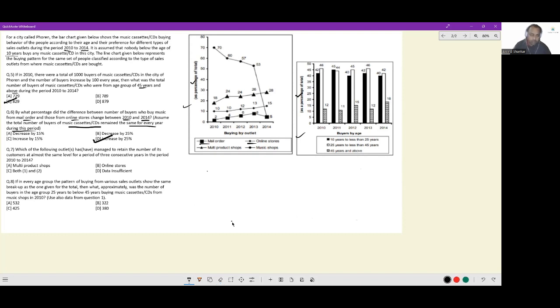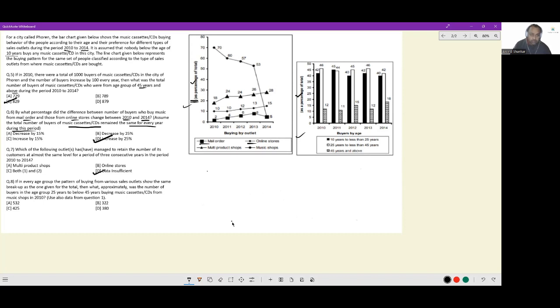Okay, next question. Which of the following outlets have managed to retain the number of its customers at almost the same level for 3 consecutive years in the period 2010 to 2014? Absolutely wonderful. The answer to the question has to be data insufficient. Remember, the data given to us was as a percentage only.